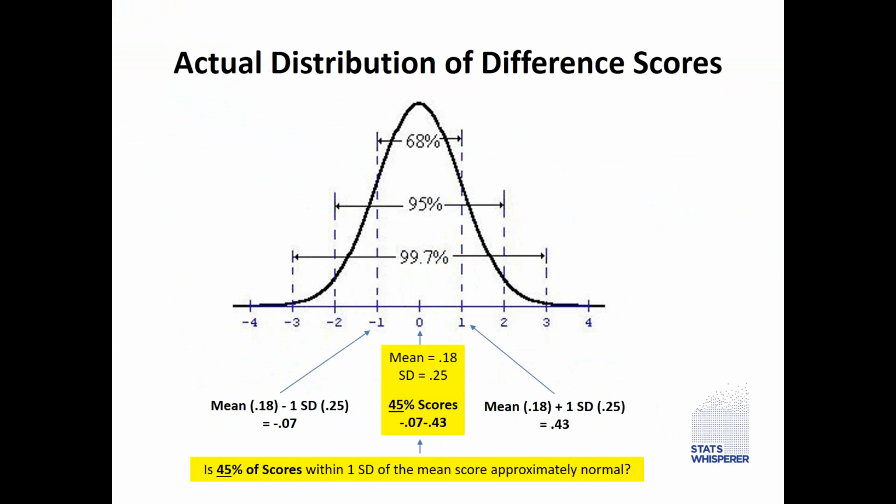They're higher and lower than negative 0.07 and 0.43. So we only have 45% of scores. So our question becomes this: even though the percentage is not perfectly normal, does this distribution still approximate a normal distribution to the point that it would meet the assumption of normality?